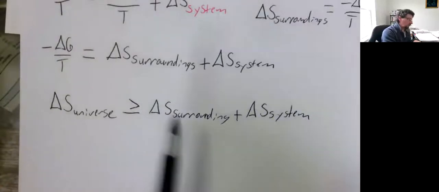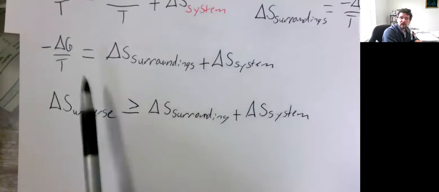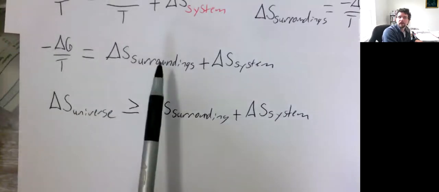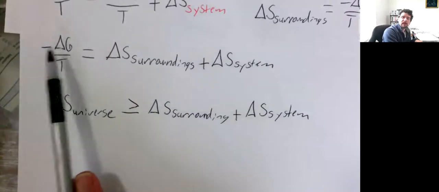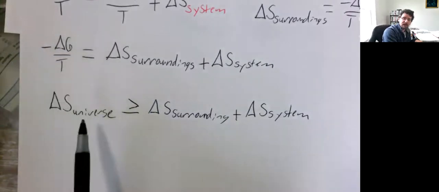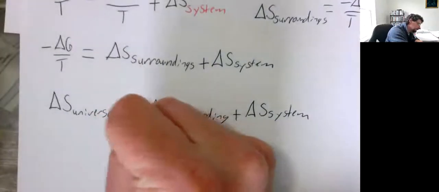So these two equations, we could set this to an equal sign, but these are the exact same thing. We have delta S surroundings, we have delta S system. That means negative delta G over T is actually equal to our delta S of the universe.